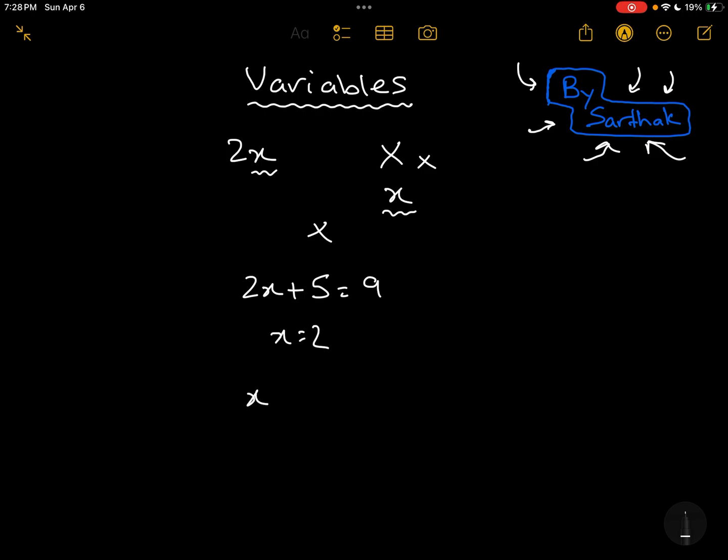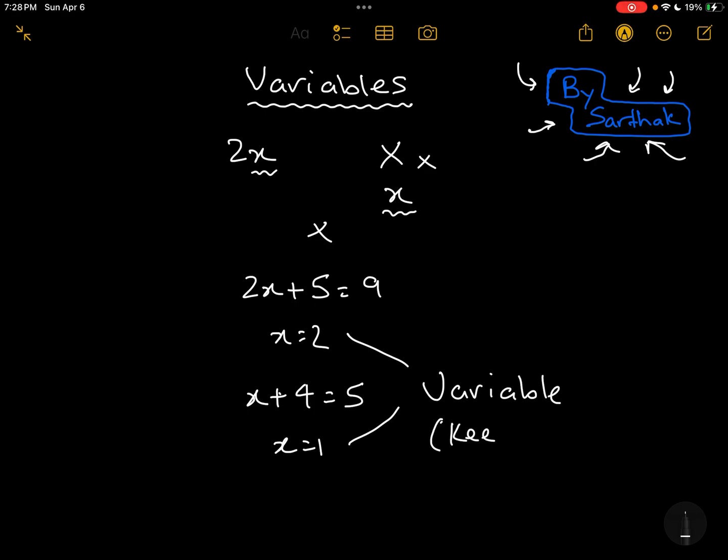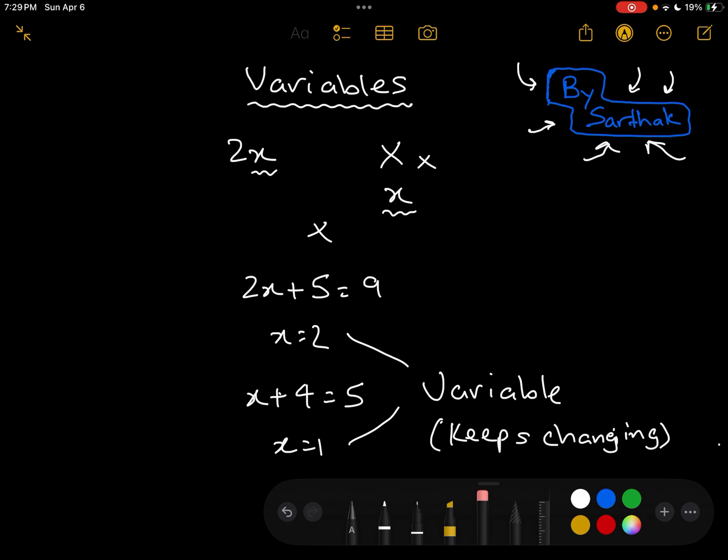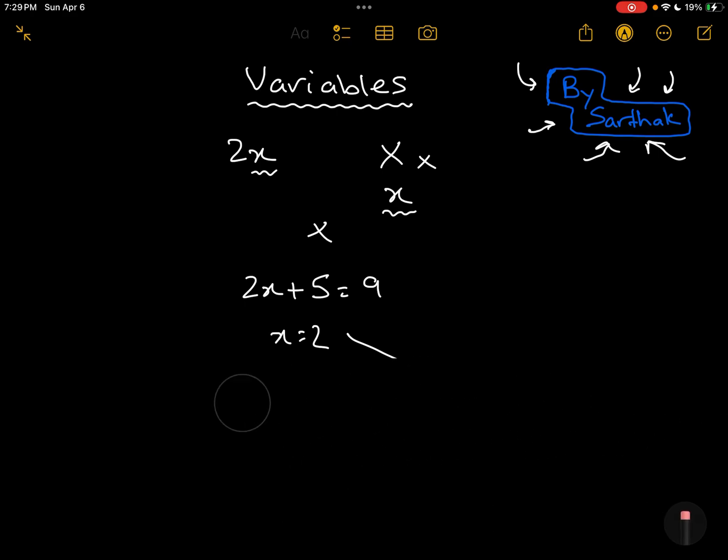But I can have another equation, x plus 4 equals 5, where you can clearly see x is equal to 1. So the values can keep changing. That's why it's a variable. But if you find the value for it in one equation and substitute it in the same equation, it stays the same throughout for that one equation.